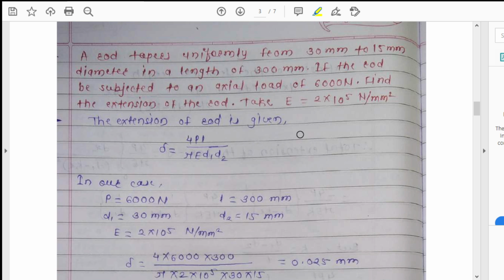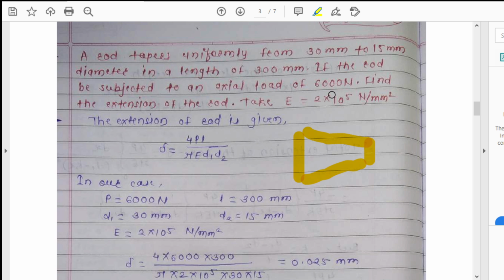That means at one end the diameter is 30 and at the other end the diameter is 15, and from this end to this end the rod is tapering. The length of the rod is 300 mm and it is subjected to an axial load of 6000 newtons. We have to find the extension, that means delta, and the E value is given as 2 into 10 raised to 5 newtons per mm square.